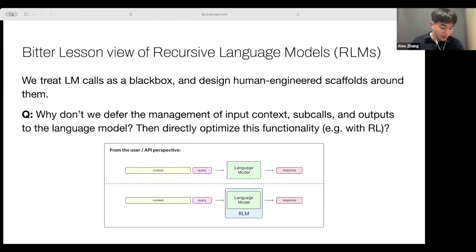The other part of this, which for whatever reason I didn't highlight very well in the blog post, is that I like to think of recursive language models as a strong bet on the bitter lesson. What I mean by this is the way that we treat agent scaffolds and agents in general nowadays is we build these very complex human-engineered scaffolds around our models. And when we want to use this on a new task, we have to rewrite or modify our scaffold in some meaningful way.